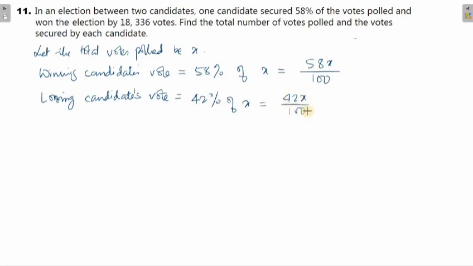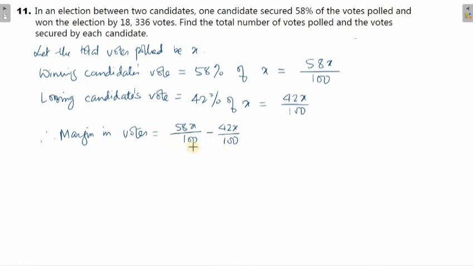So the losing candidate gets this much and the winning candidate gets this much. Let's see what the margin is. Therefore, margin in votes. Margin means the difference. So the difference is 58x by 100 minus 42x by 100.